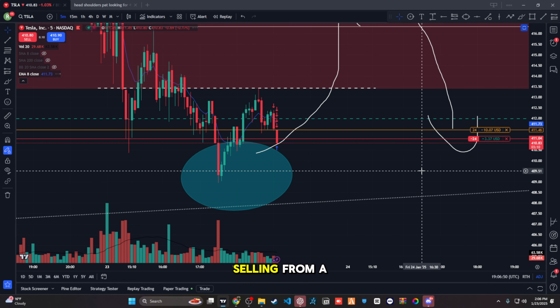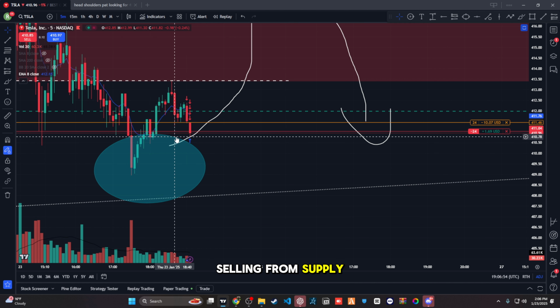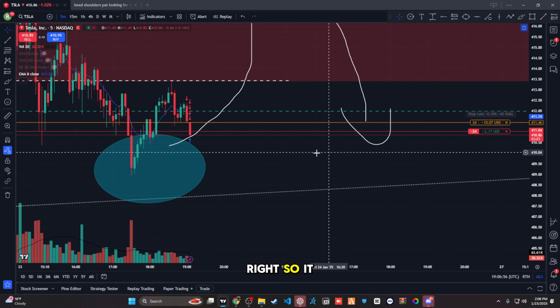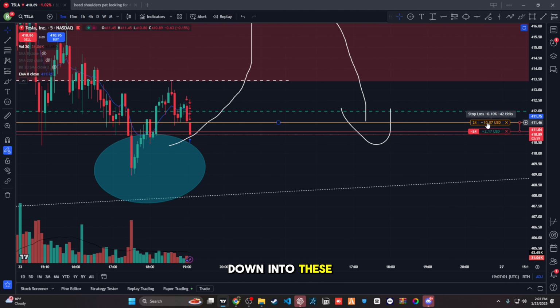So price was selling from a supply level into demand, right? So it was selling from supply resistance into demand. It got rejected off of that high. It's gonna come down into these lows, into these support levels, and I'll be looking to take a profit there.